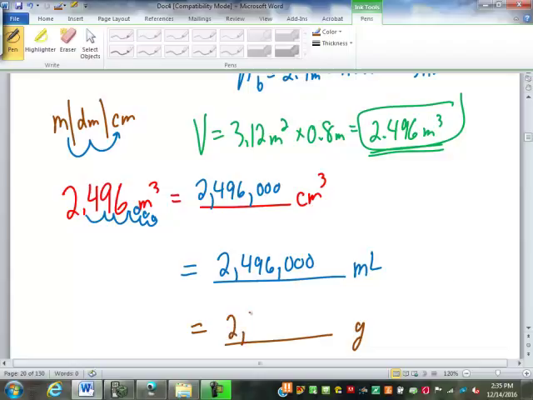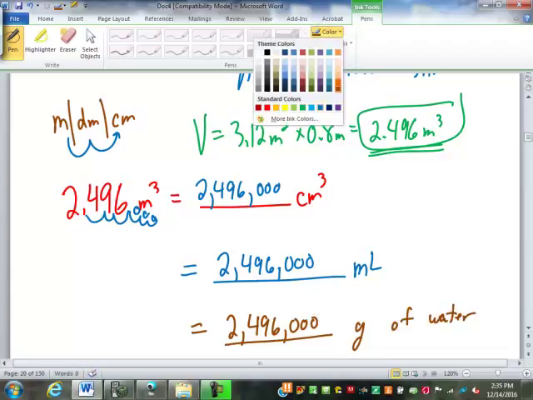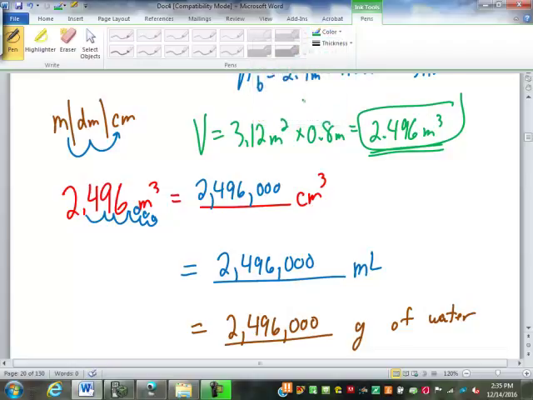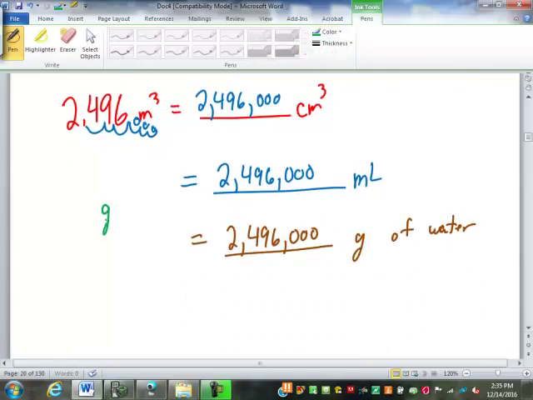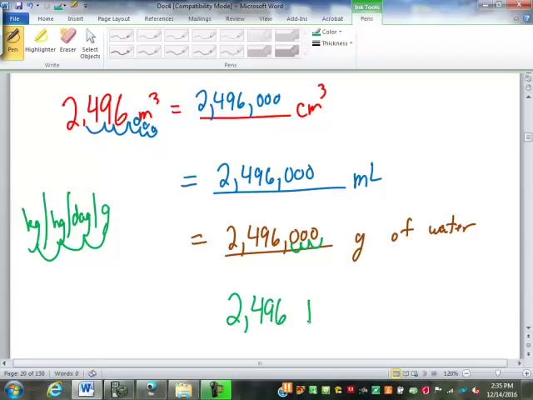So that's 2,496,000 grams of water. So how many kilograms would that be? Well, to get from grams to kilograms, we've got to go 3 spots to the left. So our decimal point goes 1, 2, 3. That is 2,496 kilograms of water in that tank.